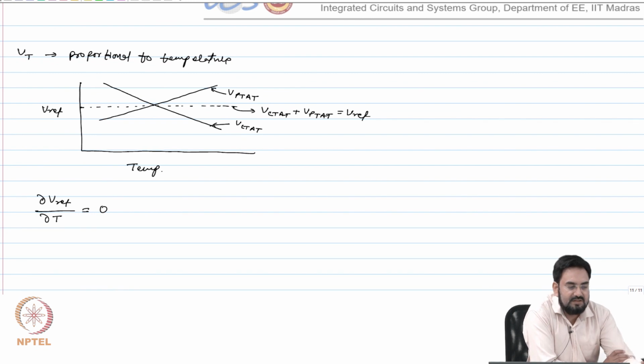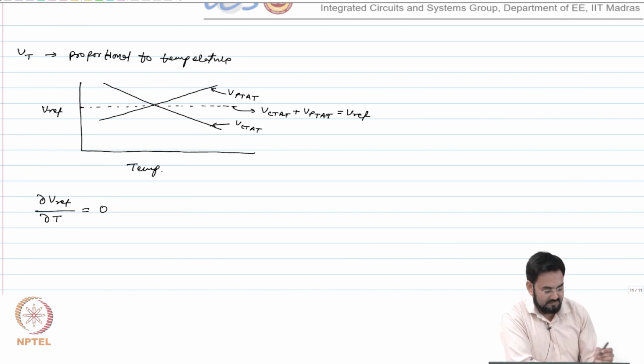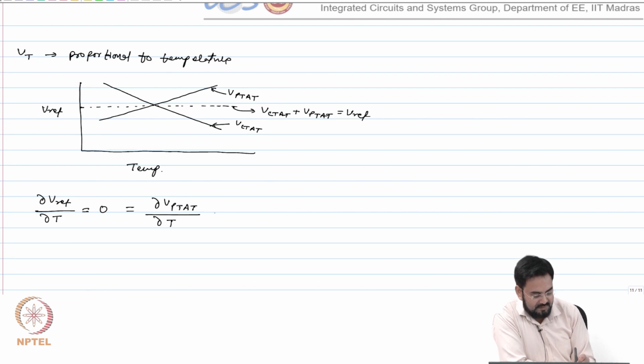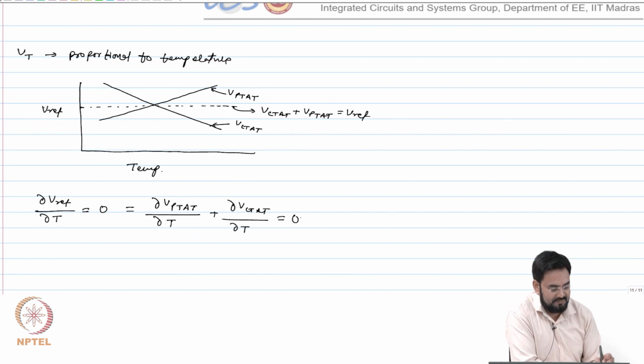So what is the condition to make it 0? The slope should be the same. If the slope is not the same, then they will not cancel out. Which means delta of VPTAT over delta T plus delta of VCTAT over delta T should also be 0.